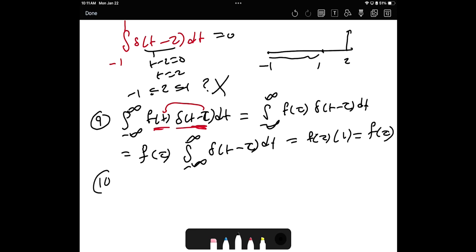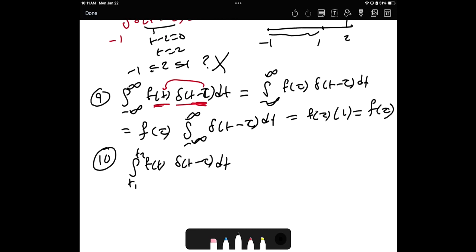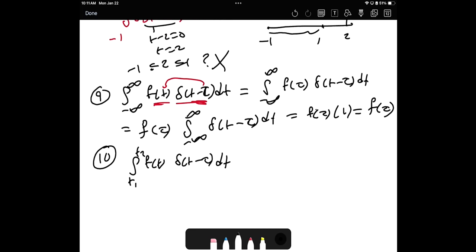Property number 10. The integral between t1 and t2 of f of t delta t minus tau, which is the same as number 9, except that instead of negative infinity to infinity, I use a time period t1 to t2.